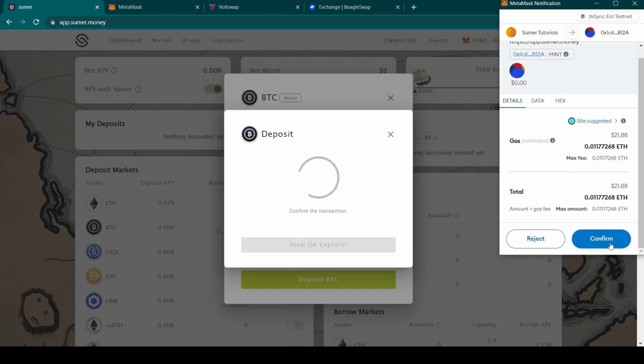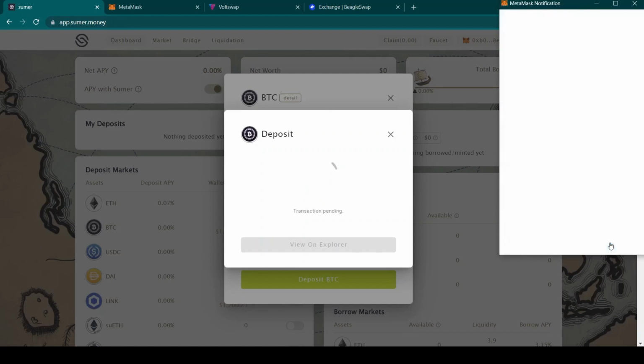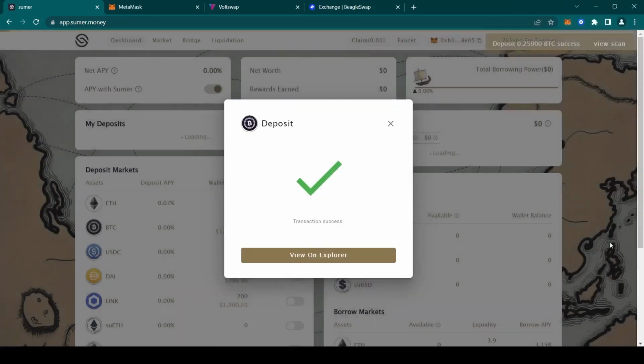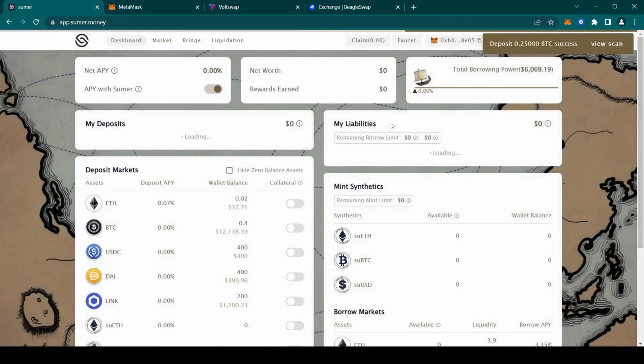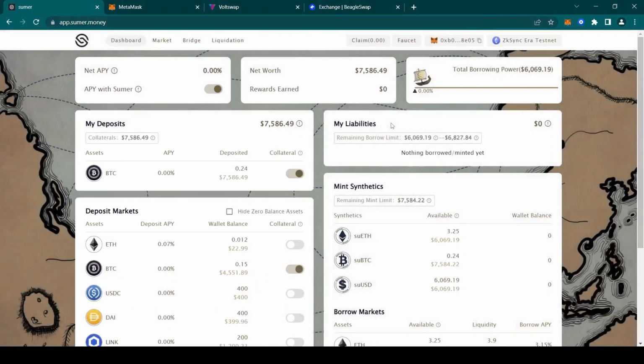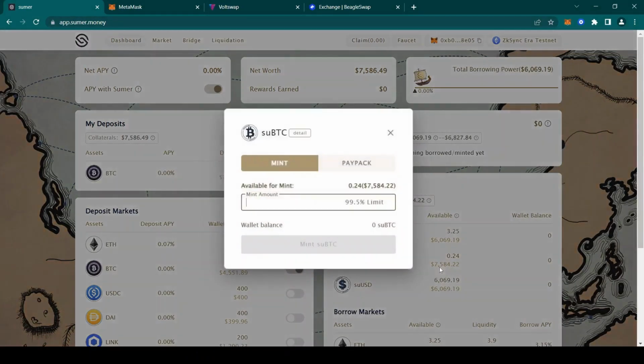Confirmation on the second transaction will deposit the BTC into the Sumer deposit market. We will mint SuBTC with BTC deposited as collateral at the mint rate of 99.97%.